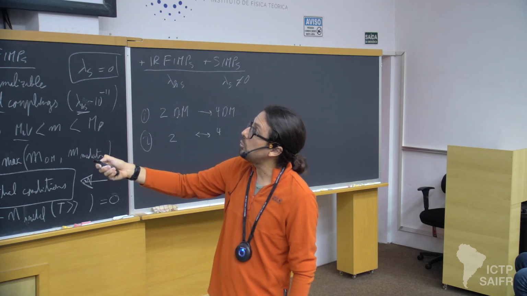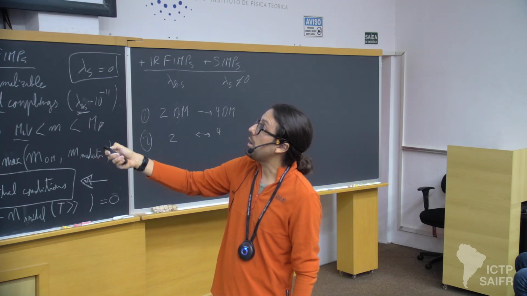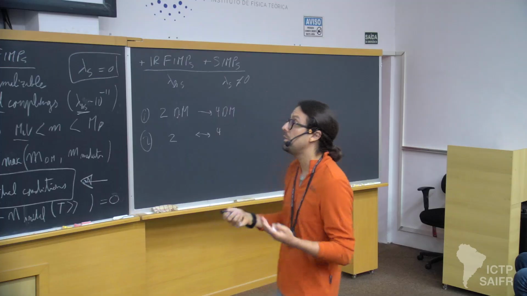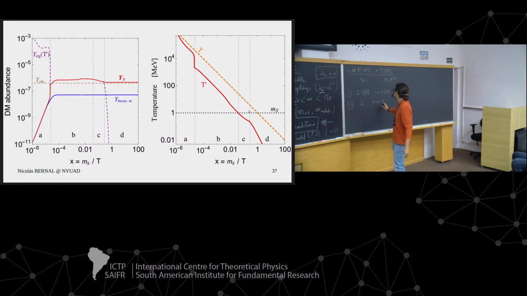Important: you increase because of 2 to 4, and you have a plateau because you reach equilibrium within the dark sector. Then at some point dark matter becomes non-relativistic, and you see here a very small suppression. It's a Boltzmann suppression, but I'm scanning over 8 decades in yield, so you cannot see it well. But this piece here is the Boltzmann suppression.